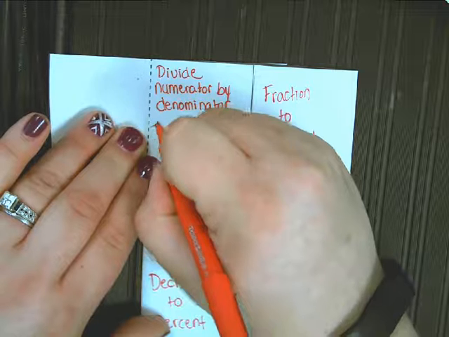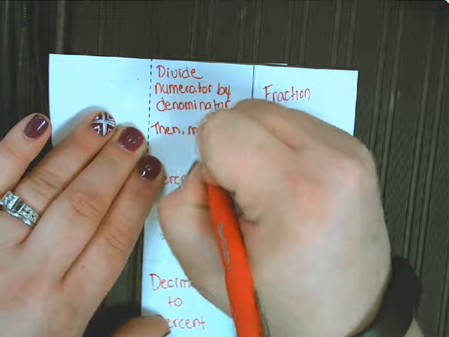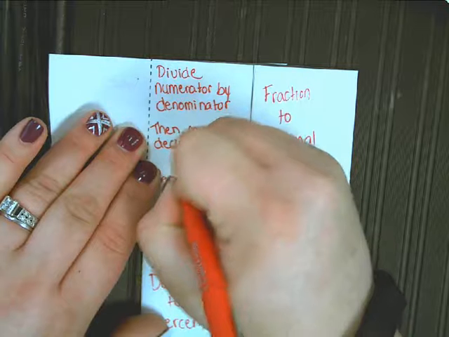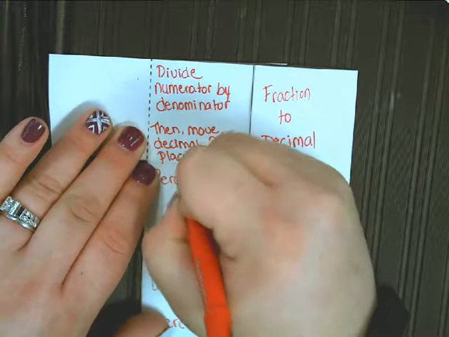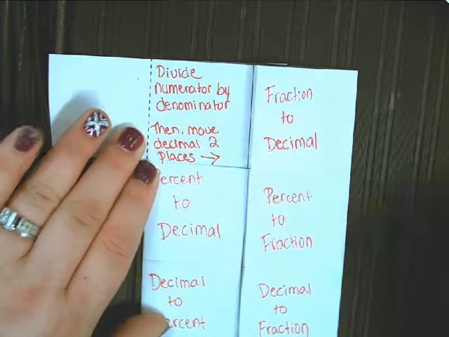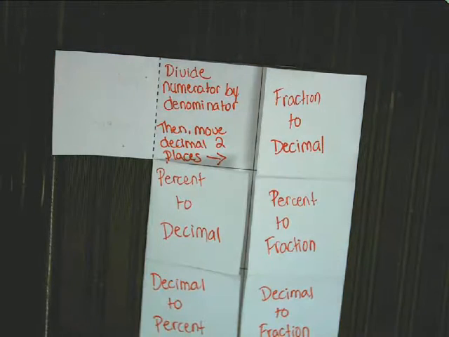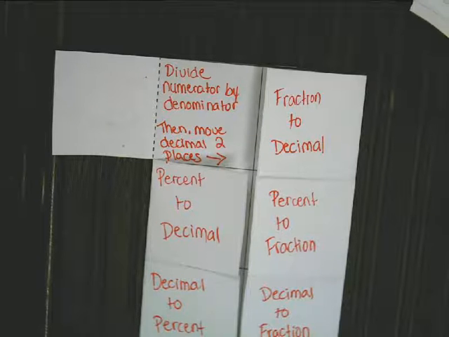Then move decimal 2 places, and we're moving it to the right. So I'm going to put an arrow to the right. Okay, so you're going to take and divide the numerator by the denominator. Then you're going to move your decimal 2 places to the right.